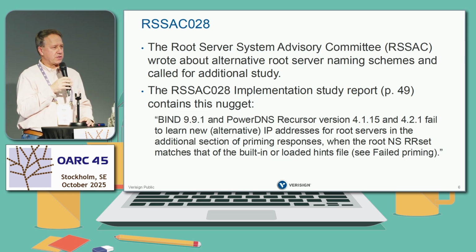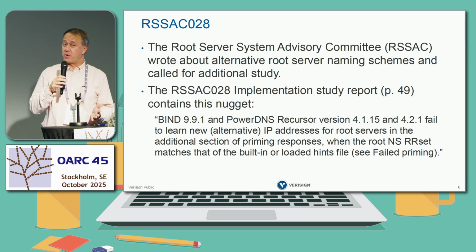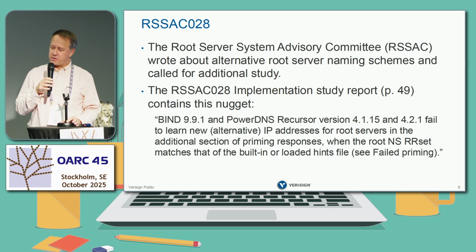That further study took a while to get done because of various things like global pandemics and whatnot. But that report was finally produced in 2024, and it had this almost passing comment in it, which was that this version of BIND 9.9.1 and PowerDNS, these other versions, failed to learn new IP addresses for root servers in the additional section of the priming responses when the names didn't change.